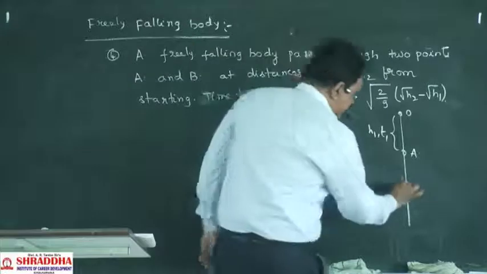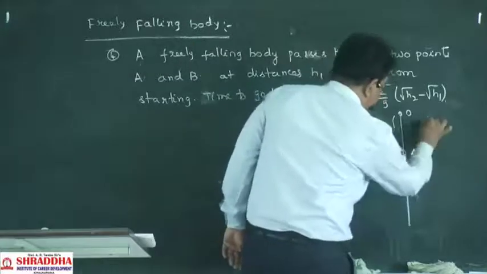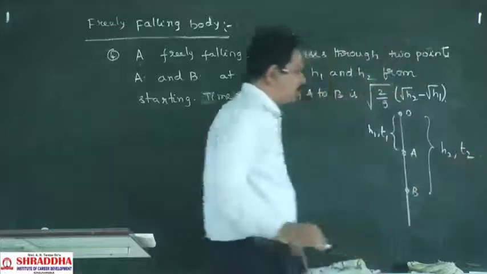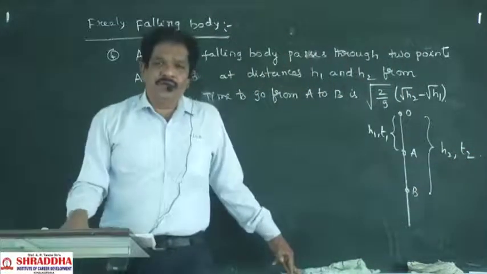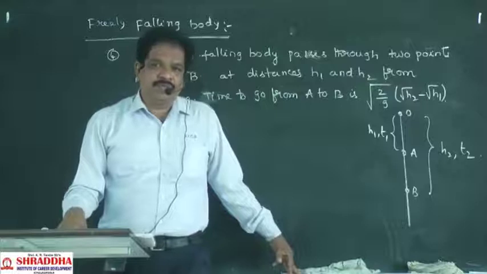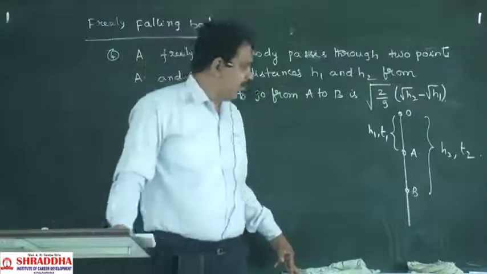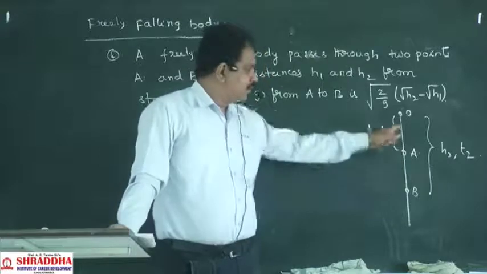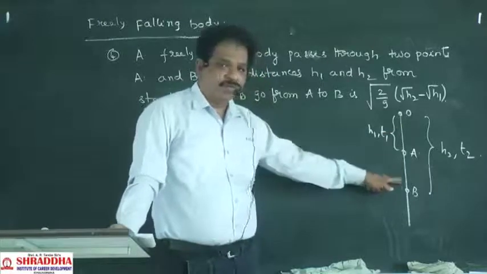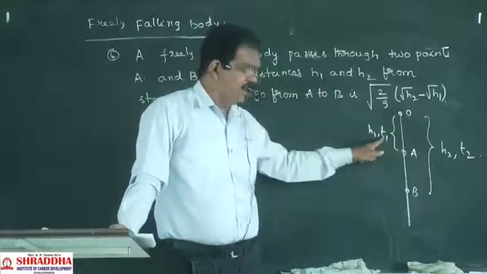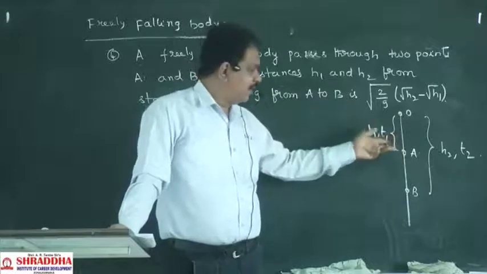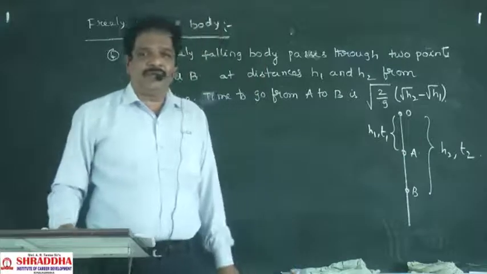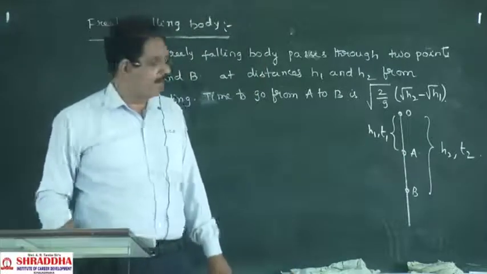Let this distance be h2, to come from O to B the body takes time t2. Then what is the time to come from A to B? This total time is t2. From here to here is t1. The time difference, the time to come from A to B, will be t2 minus t1.